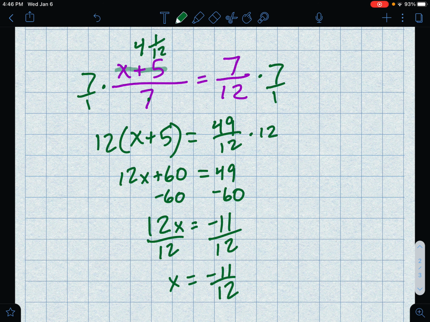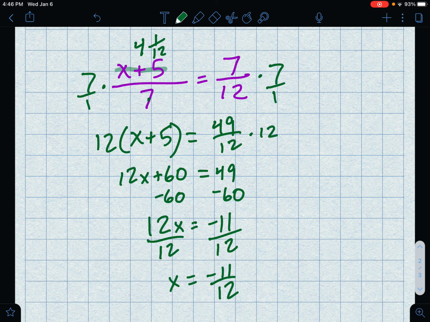And that sort of tracks because 7 twelfths is a little bit over half, since 6 twelfths is half, and so 4 and a little bit over 7 is also going to be a little bit over half because half of 7 would be 3.5. So that works for us.